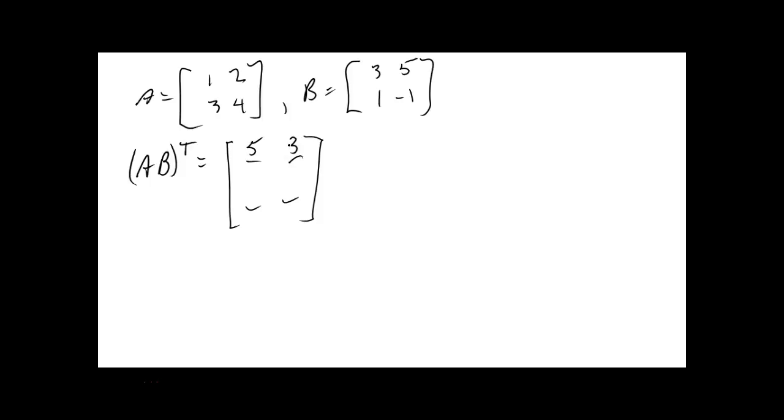Now, if you're doing the 2, 1, it'd be 3 times 3, which is 9, and 4 times 1, which is 4, which is 13. Excellent. And the last one would be 11. Excellent.